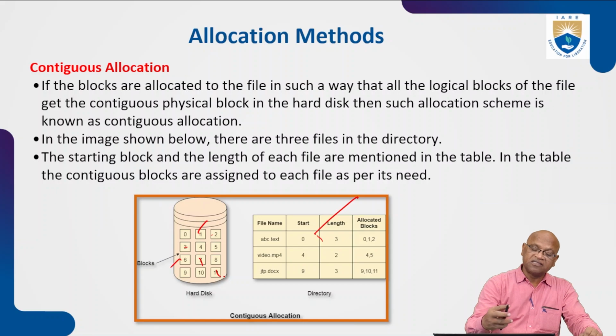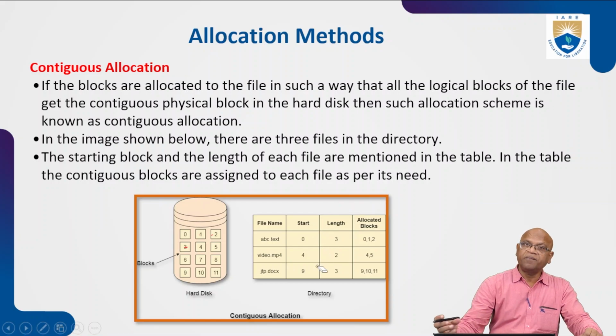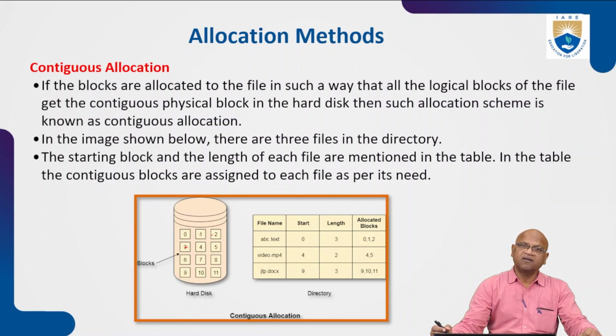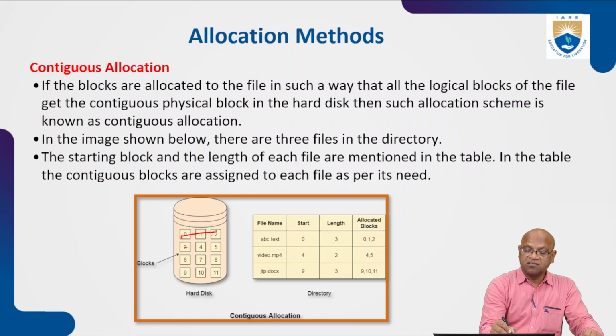If you save like this, this is not continuous. Continuous means neighbor blocks. If 3 blocks are allotted for that file, this is called continuous allocation.